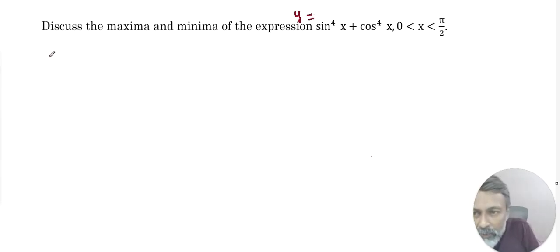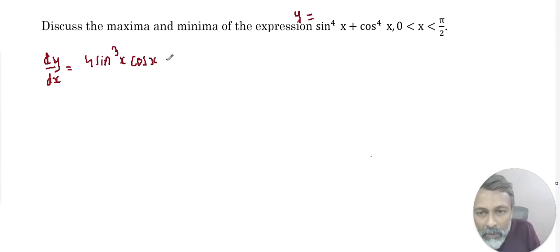Let us start the derivative. dy upon dx is equal to 4 sine cube x into cos x, the derivative of sin x, minus 4 cos cube x into the derivative of cos x, which is minus sin x.